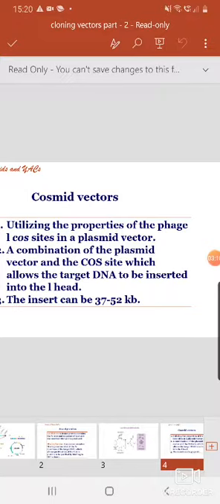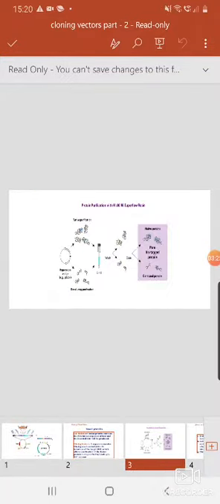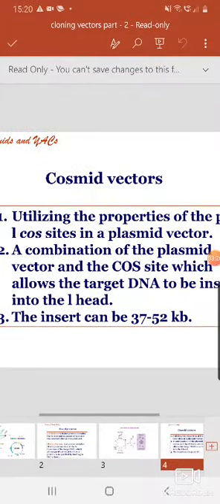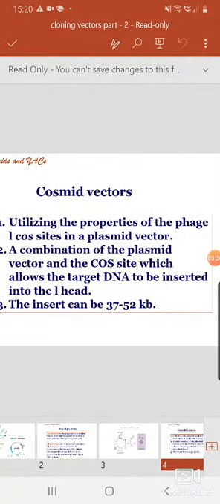It is a combination of the plasmid vector and the cos site, which allows the target DNA to be inserted into the lambda head. The insert size is a maximum of 37 to 52 kilobase pairs.